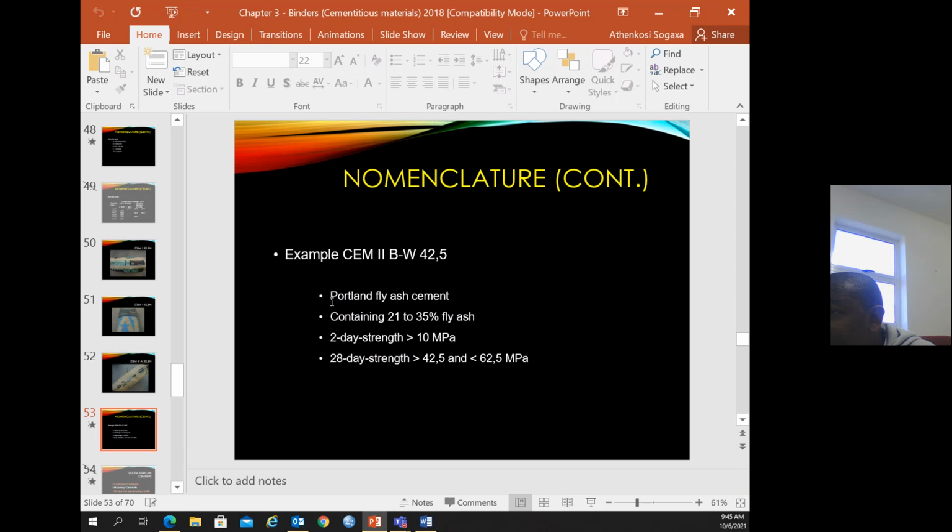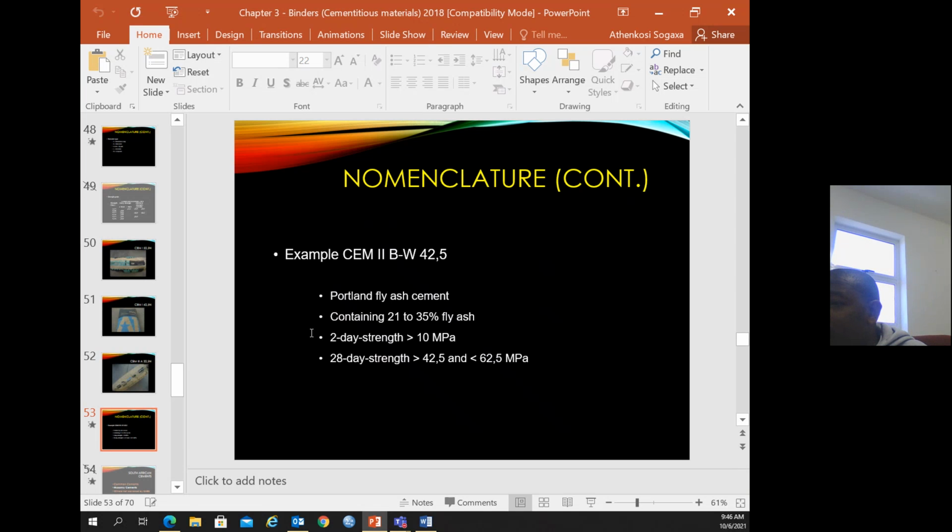And as you can see here, SEM2, which is 42.5, Portland fly ash cement containing 21 to 35% of fly ash. You can look at that. 2 days strength is 10 MPa, therefore 28 days strength is 42.5, but less than 62.5.